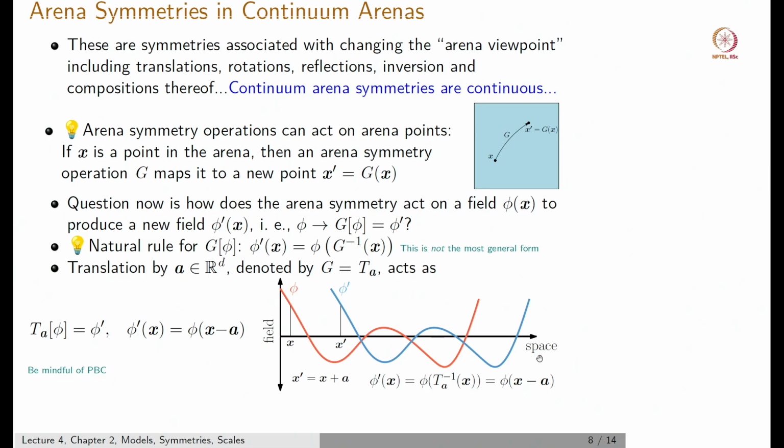So the value of the field phi prime at x is the value of the original field at x minus a. This is how we implement the symmetry action of the arena on fields. Now that you have seen this, I invite you to work out the action of the inversion operation, which takes x to minus x, on the field phi.